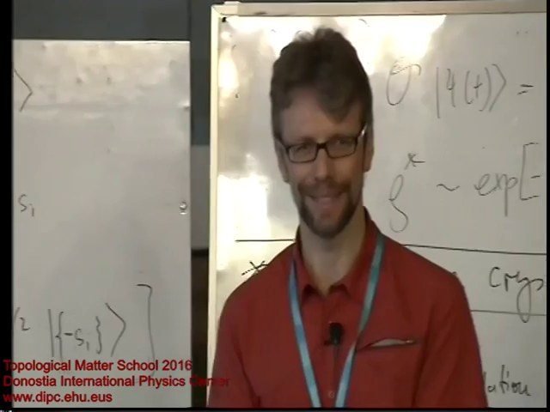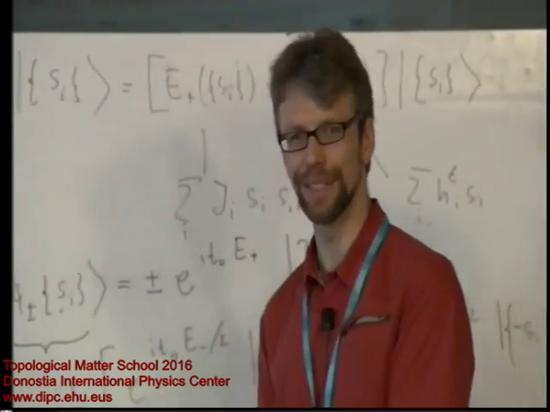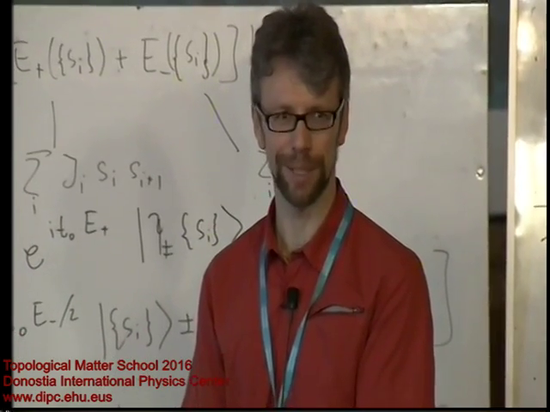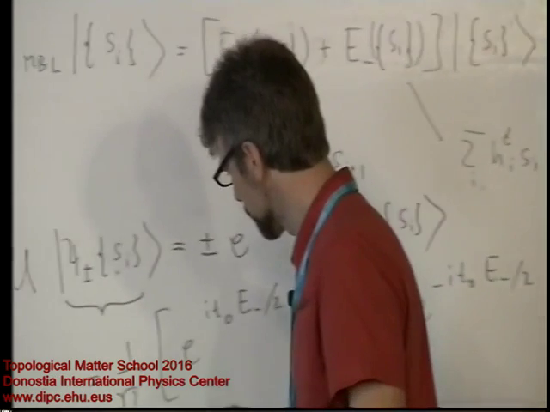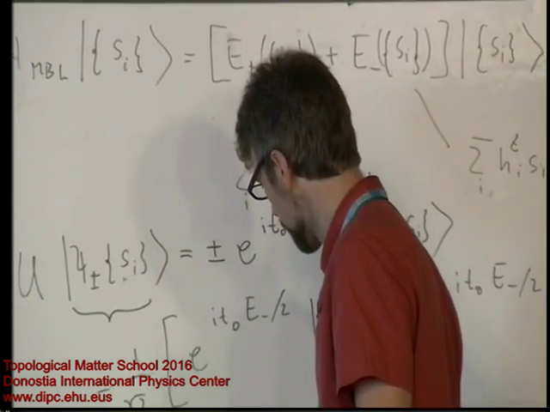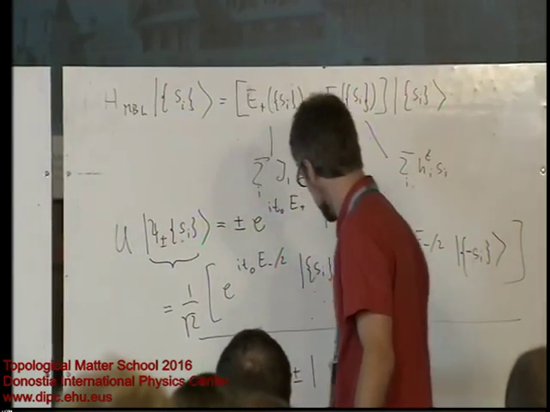Think about a ferromagnet. What are the eigenstates of an Ising ferromagnet? That system is, of course, time reversal symmetric, but it breaks time reversal symmetry spontaneously. So an eigenstate that explicitly is time reversal symmetric would be something like this, right?